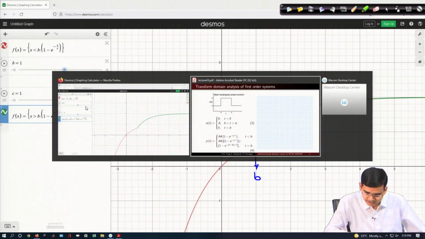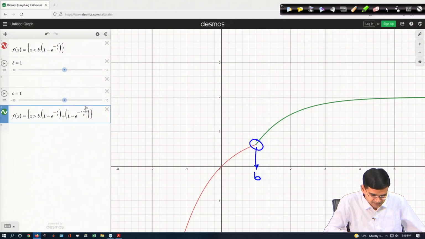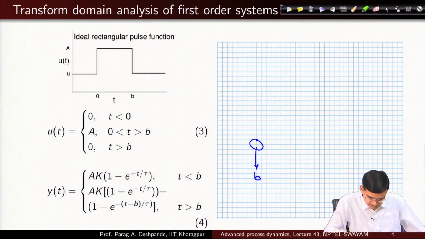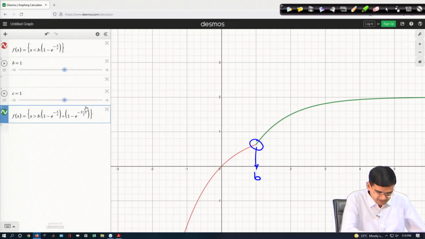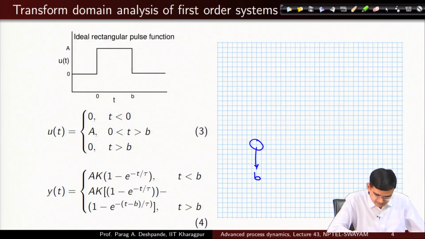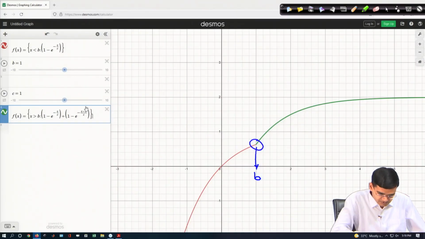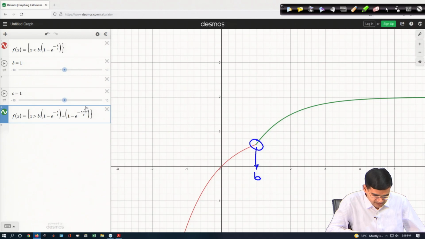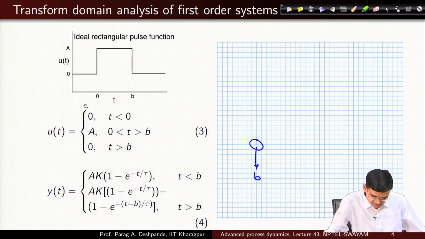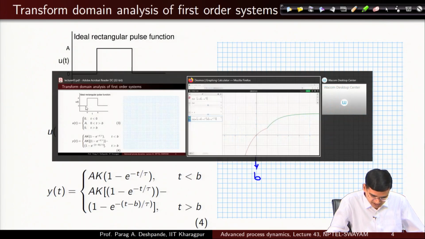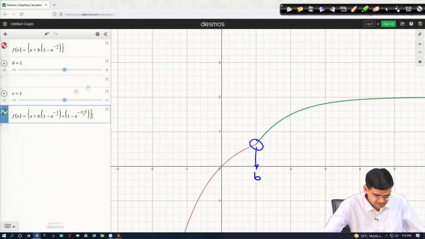Is this the expression or minus of this? So, b minus t, 1 minus e to the power minus t by tau, minus. So, this is a minus sign.